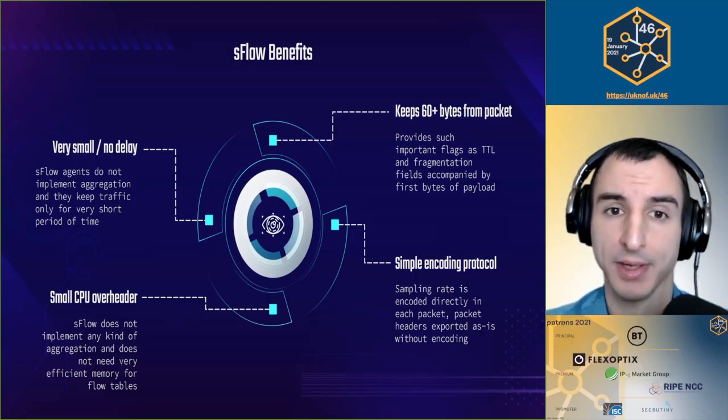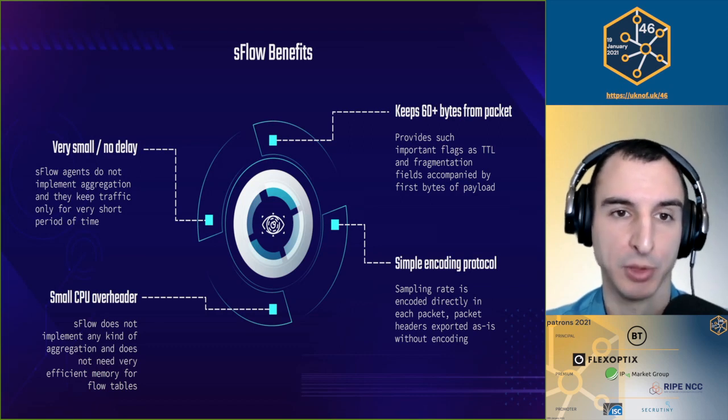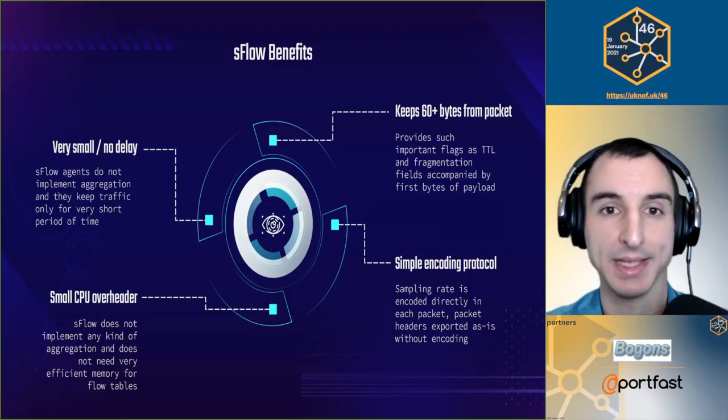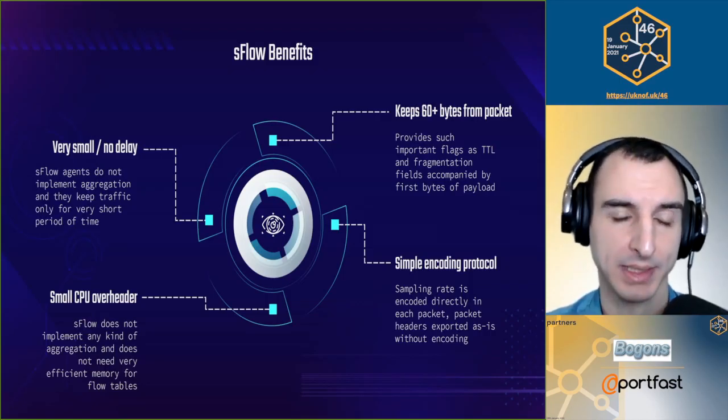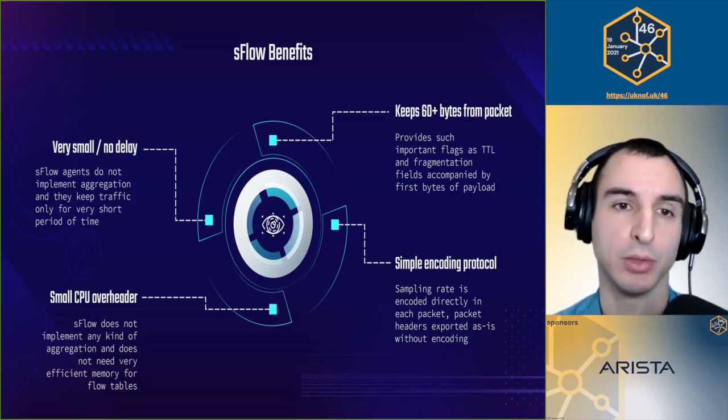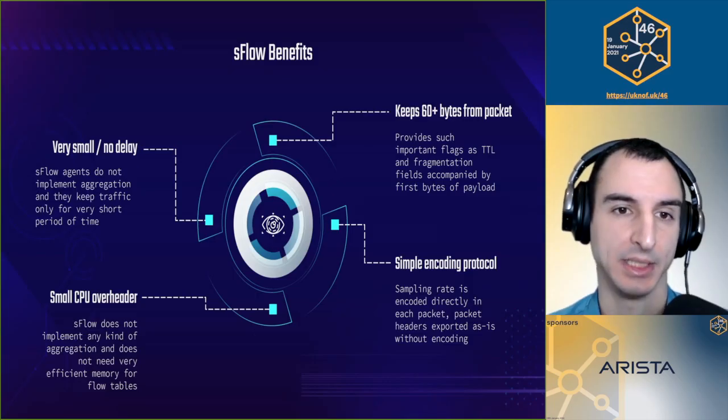For every 1,000 packets observed from an interface, select one of them, use very simple encoding, cut the first X bytes, typically between 80 and 120 bytes of the original packet, and send it to the collector. It's extremely simple. We have no delays, because we don't need to wait until this specific flow finishes.